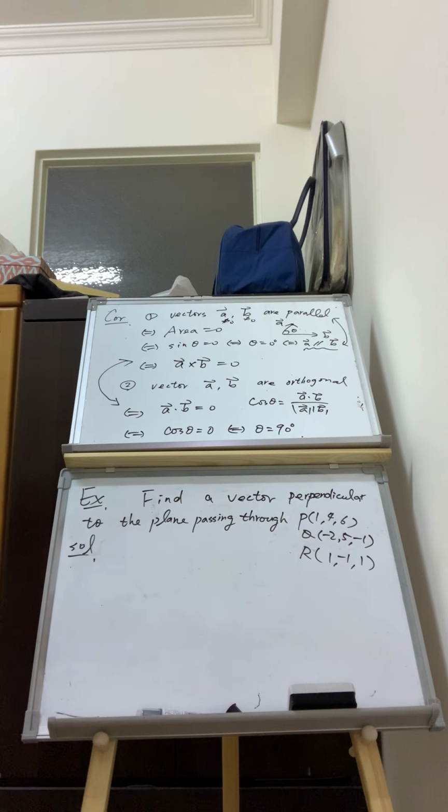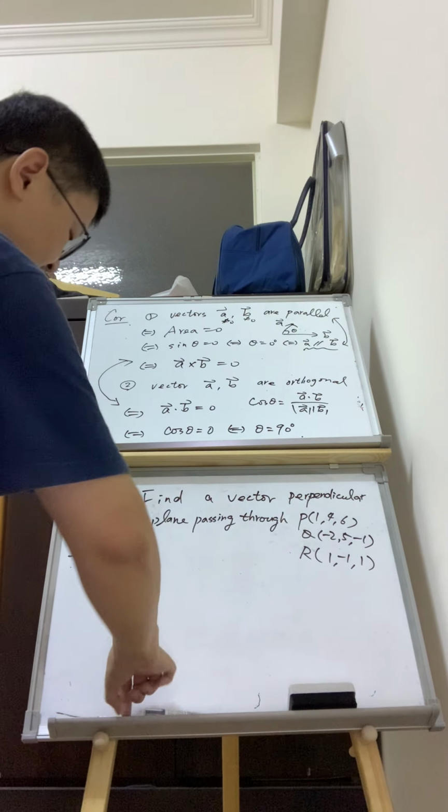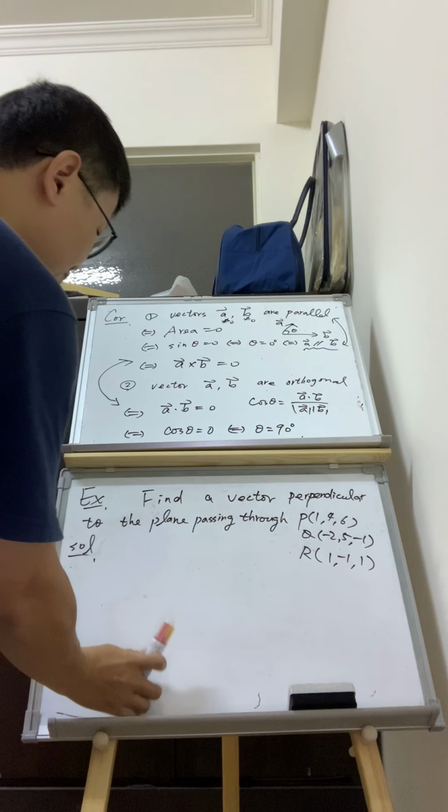We want to find a vector which is perpendicular to the plane, and this plane passes through these 3 points.